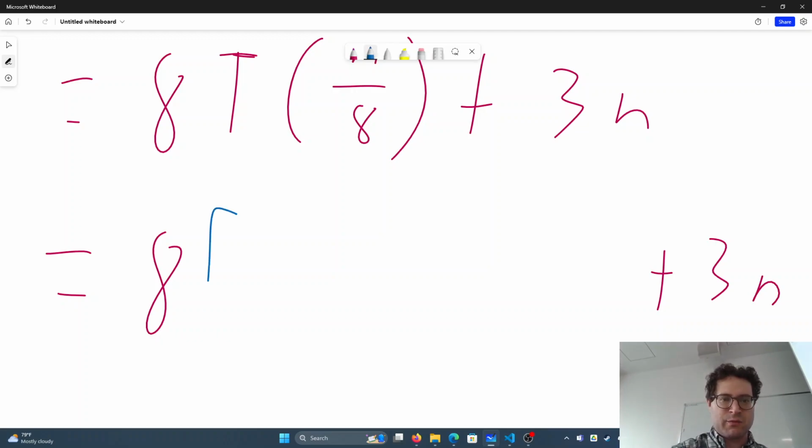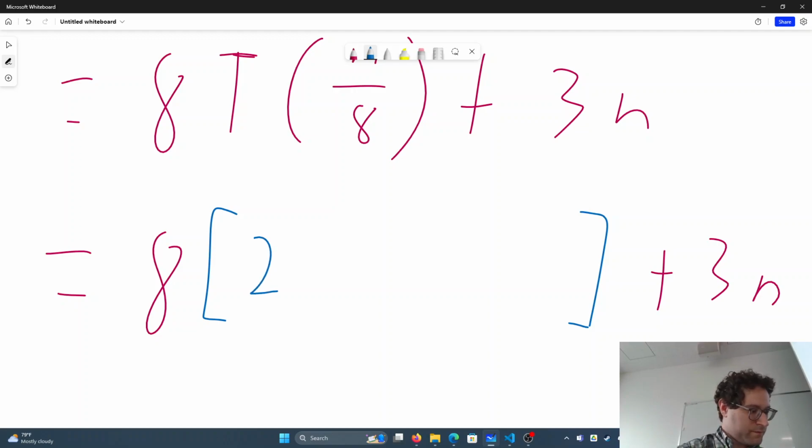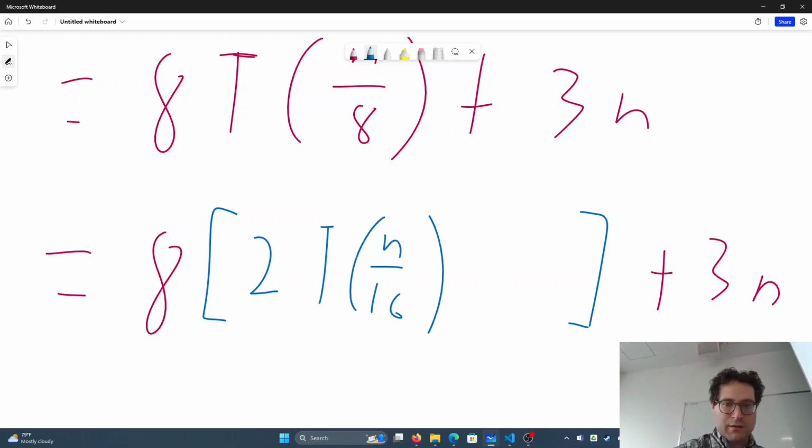So now the question is, what do we expand T(n/8) into? T(n/16)? How many n over 16? 2. Yep, 2. T(n/16) plus n over 8. Yep, n over 8.